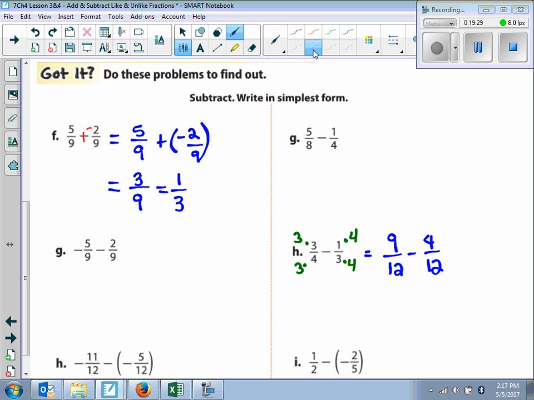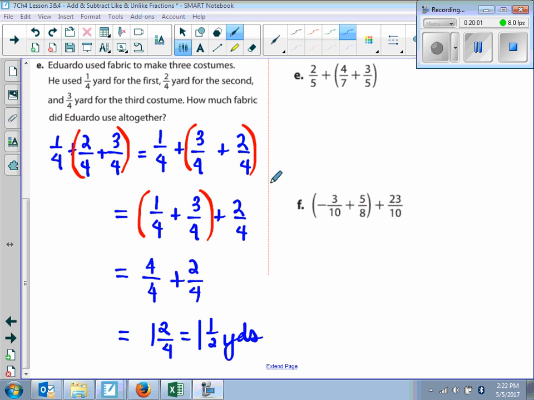And now we can do our leave it, change it. So we're going to leave the first fraction, change the subtraction to addition, and change the second fraction to the opposite. So that's -4/12. And now we just follow the addition rules for like fractions. So 9 plus a -4 is 5. And we put that over the same denominator, 12.